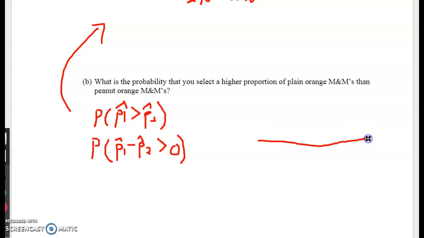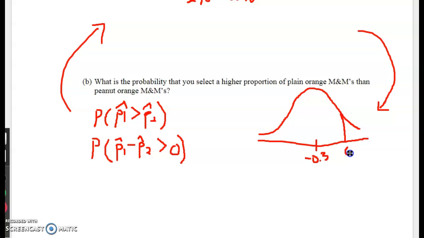So if I go back to my sampling distribution from above, the mean was negative 0.03. And where's 0? 0 is above negative 0.03, so here's 0, somewhere up here. And I want greater, so I shade to the right.